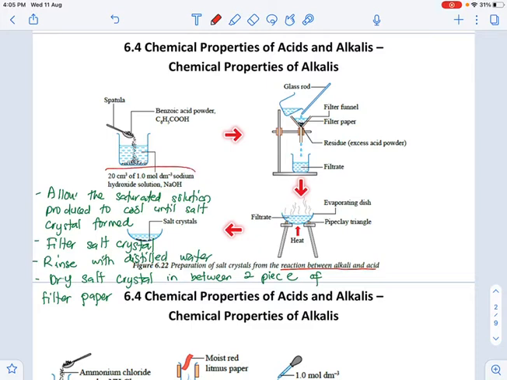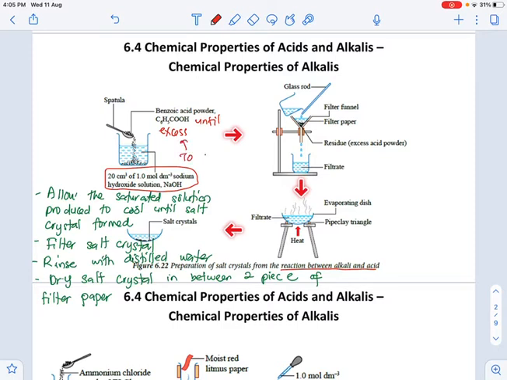20 cm³ of 1.0 mol dm⁻³ sodium hydroxide solution is poured into a beaker. Then add benzoic acid powder until excess. What is the purpose of adding benzoic acid until excess?